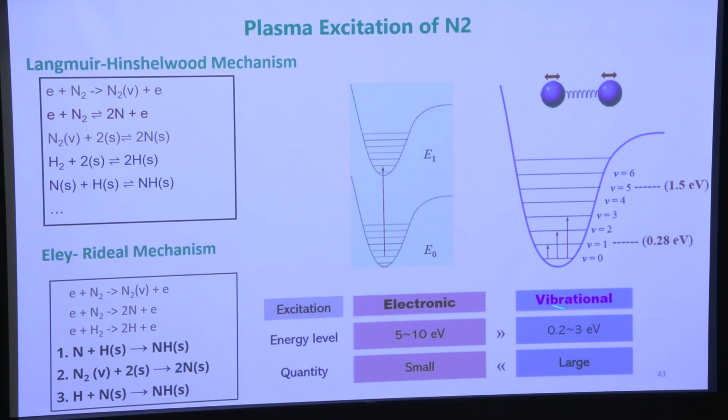But if we can drive the vibrational excitation, it only takes you about a few electron volts, and you can create a large amount of vibrational excitation. So therefore, there is an opportunity in plasma. How can you selectively vibrationally excite nitrogen so that it can cause dissociation that improves the efficiency? This is a question to many people, and we don't have answers to it, so this is interesting.